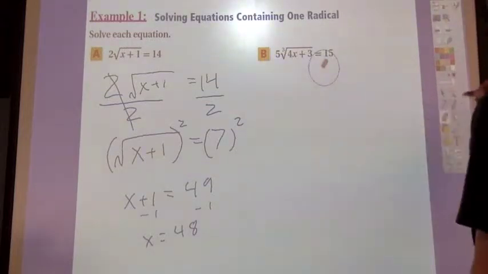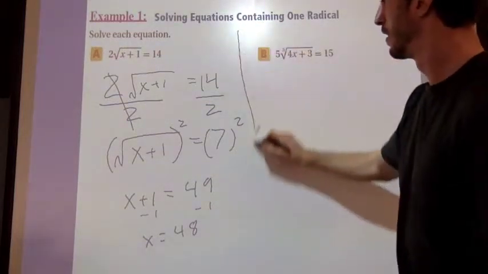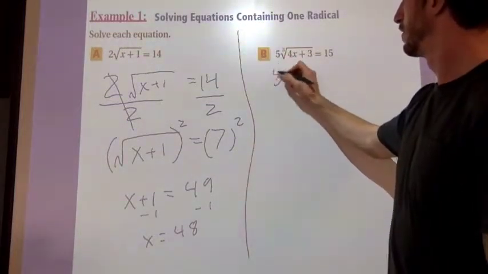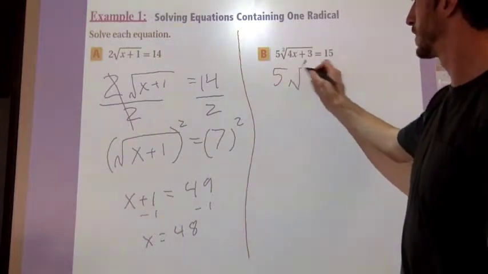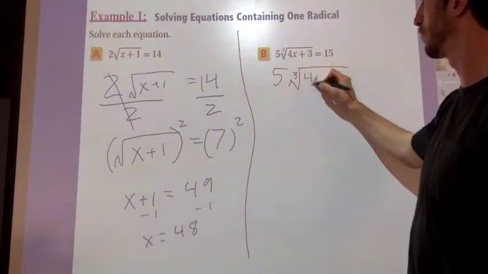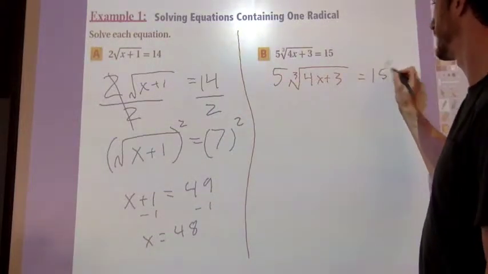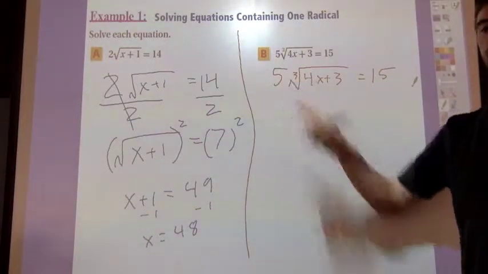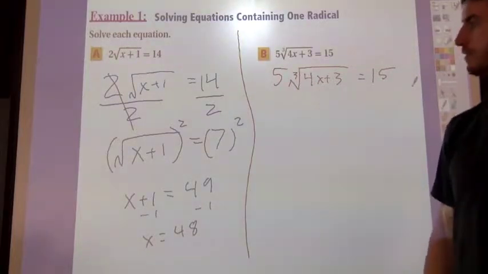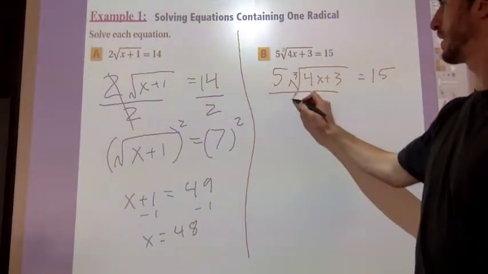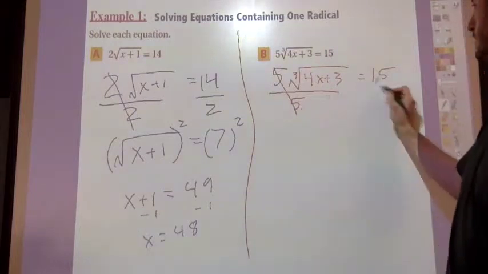Okay, second one. I've got 5 times the cube root this time of 4x plus 3 equals 15. Once again, I'm going to take care of the stuff outside of the radical first, so I'm going to divide both sides by 5, and we'll get rid of this.